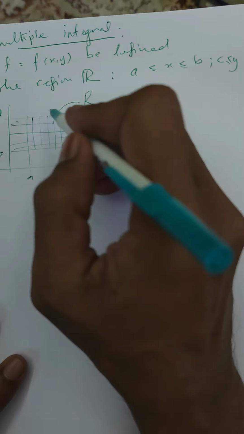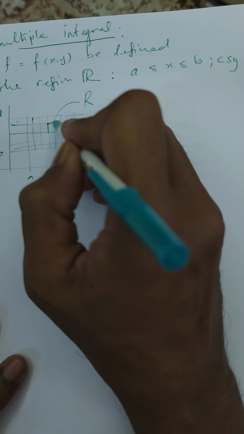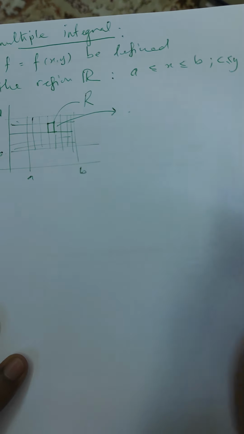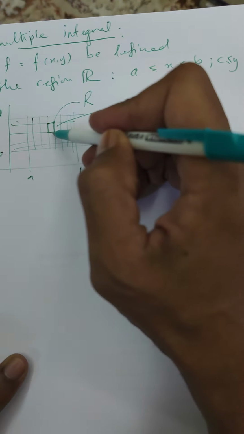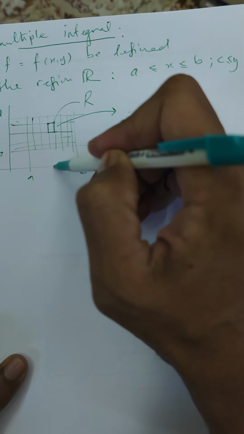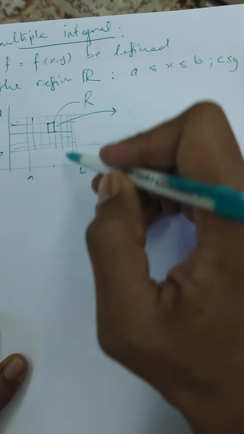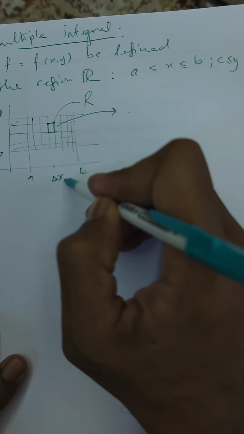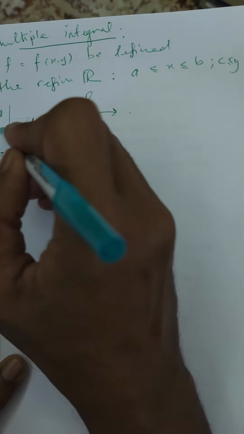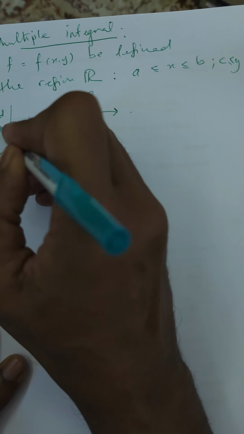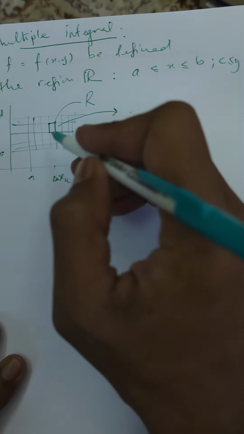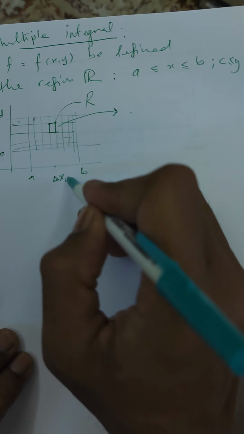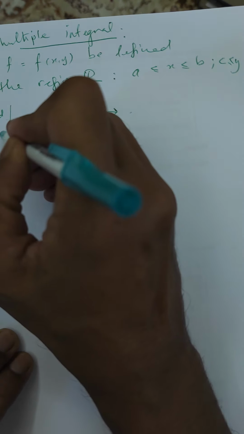If I pick one of these and take it out, let's say delta x in the x direction and delta y in the y direction, with some indices i and j.